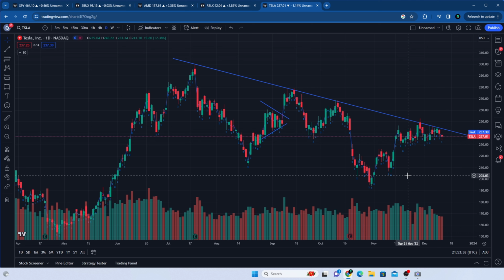He explained that it was an inverse HNS, which stands for head and shoulders. As soon as we broke that neckline on Tesla, we instantly gapped up. We went from like 206 to all the way to like 220 overnight, in one day. So this is the real deal.